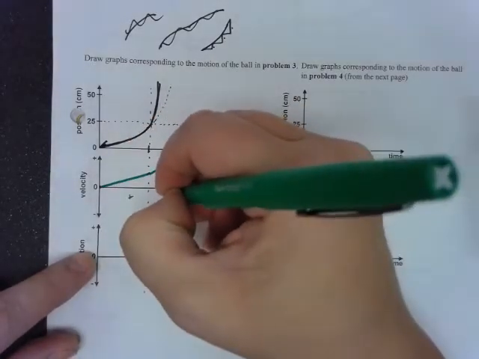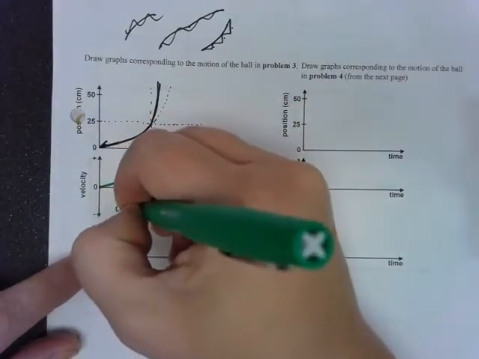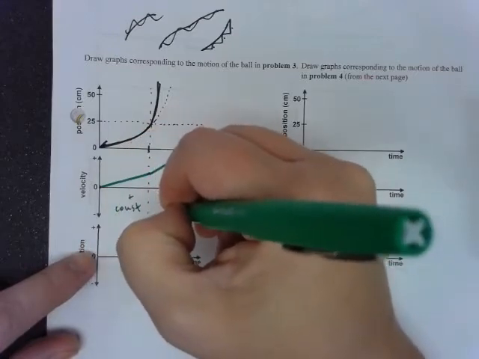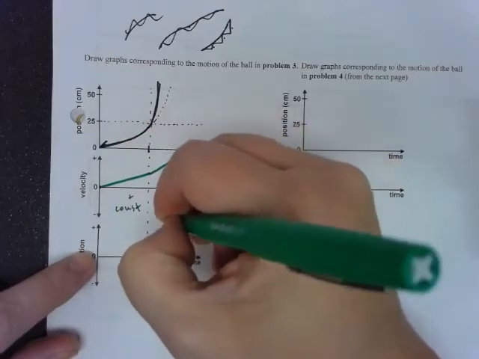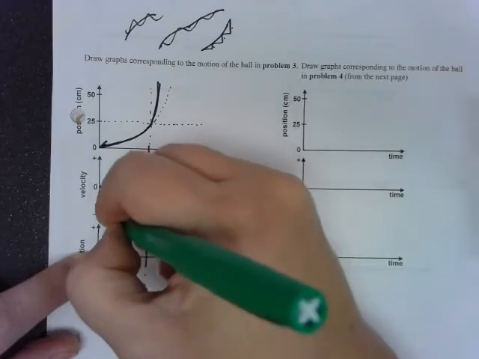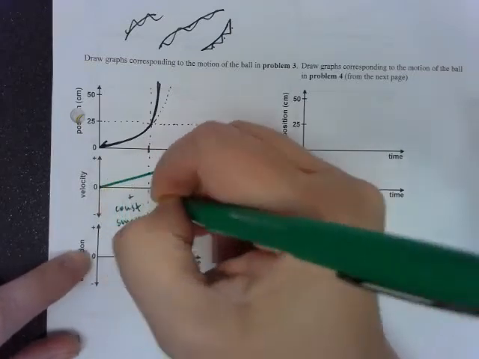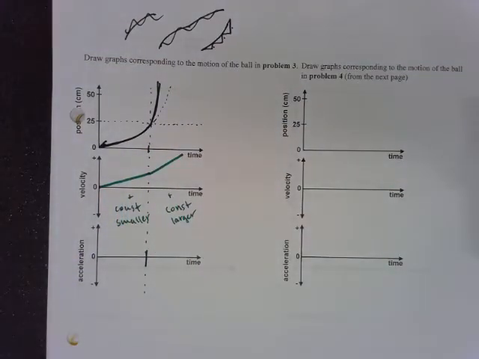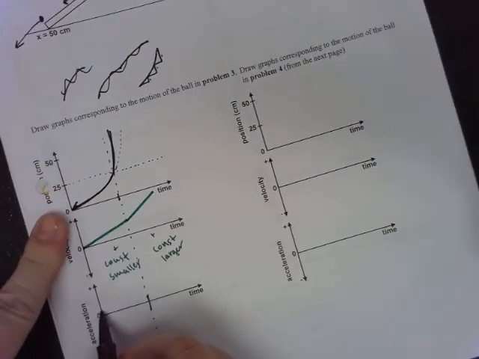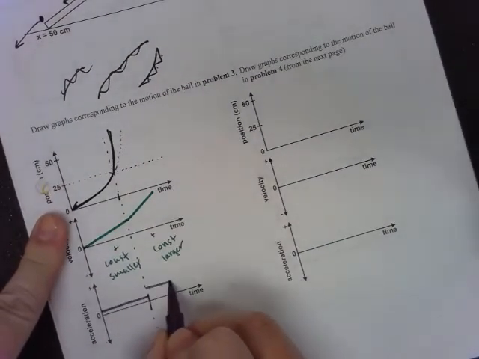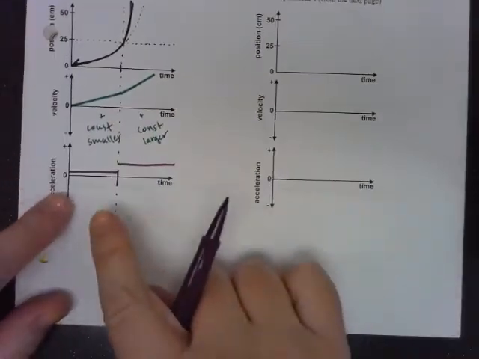Both of these are positive, and both of them are constant. But the second one is larger than the first one. So when I draw my acceleration versus time, I'm going to have one that's positive and smaller than the next one because I have a step up in my acceleration.